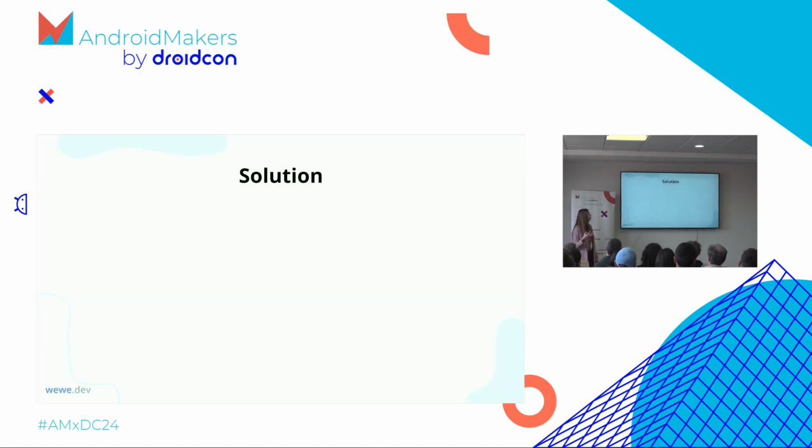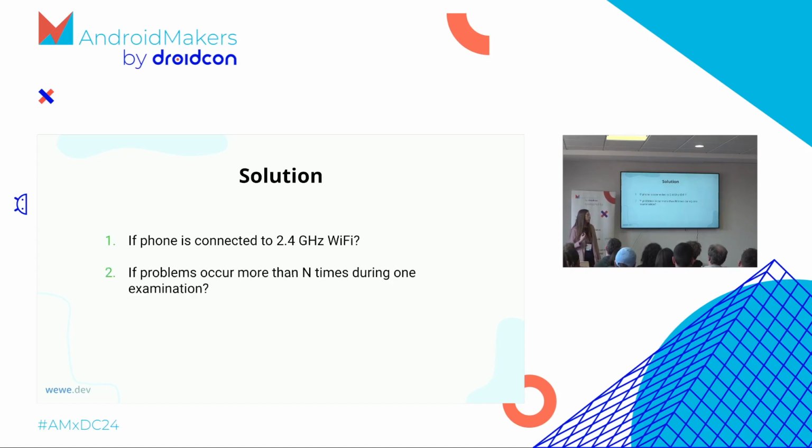Okay, so what was the solution that we found to be the best one? We would like to check if the phone is connected to 2.4 gigahertz Wi-Fi, and also if the problem occurs more than n times during one examination, because that was the barrier at which we found it is probably this type of problem. Then we just show an explanation of the encountered problems to the users, because we couldn't be sure what's happening.